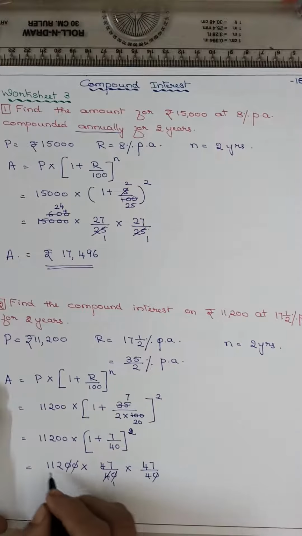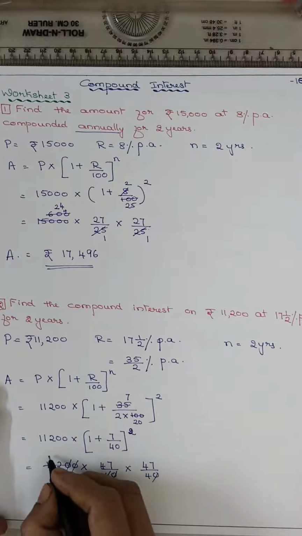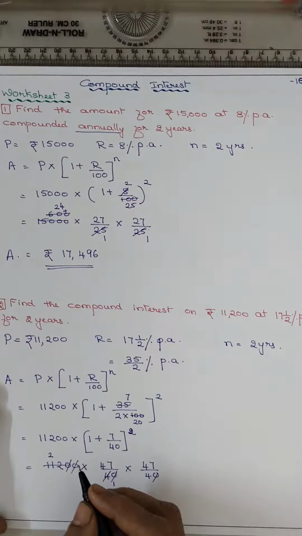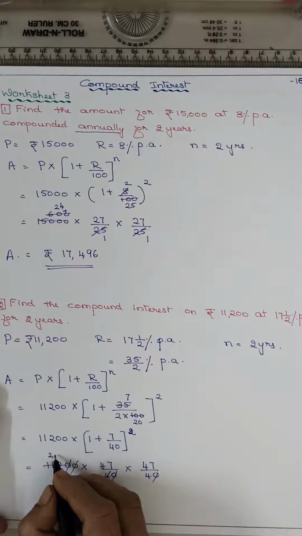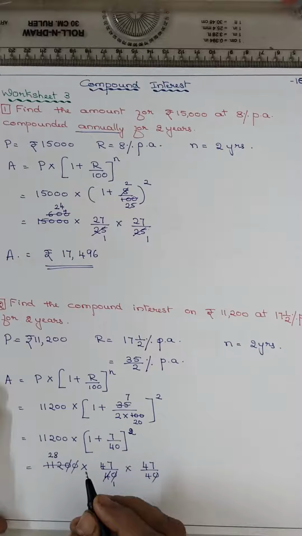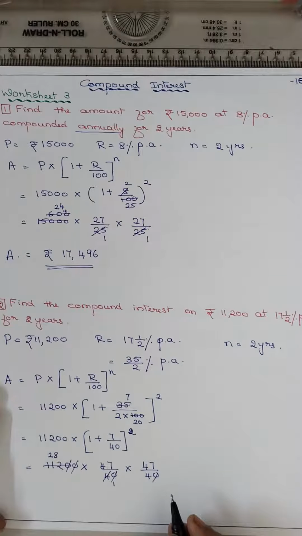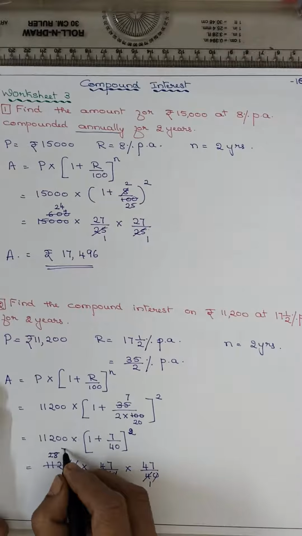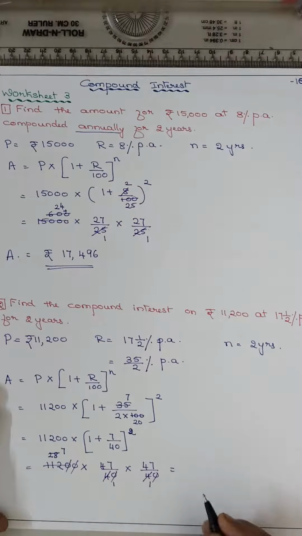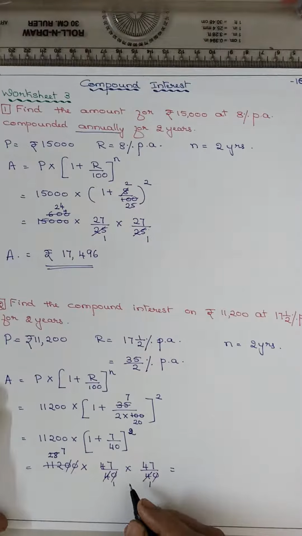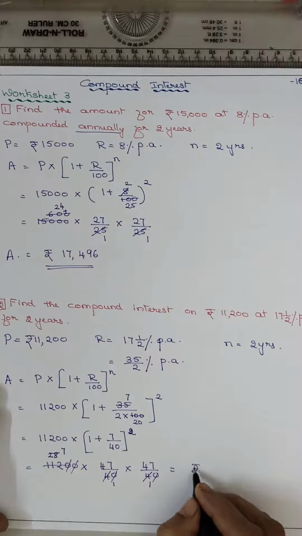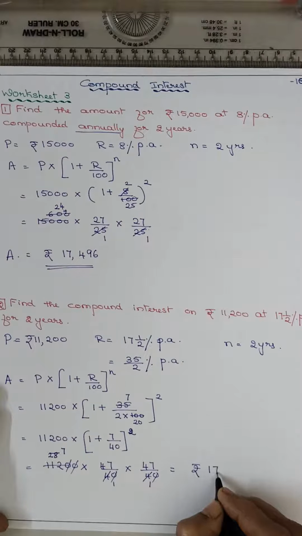Now 4 1s are 4, 2s are 8. 3 remains. 4 8s are 32. So 4 ones are 4, 4 sevens are 28. 47 into 47 into 7, you will get 15,463.